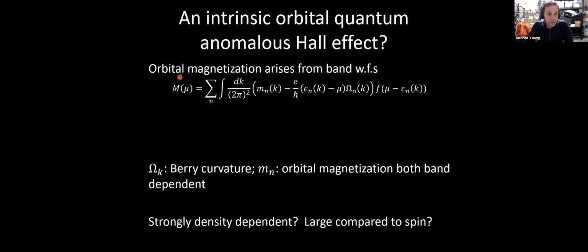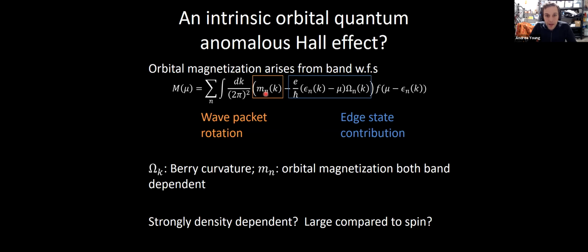And so, as you can look up in the modern theory of Berry phases and magnetization, we relate that orbital magnetization to two contributions. There's a contribution effectively from edge states and Berry curvature, and there's one from the rotation, the angular momentum of the Bloch wave packets themselves.